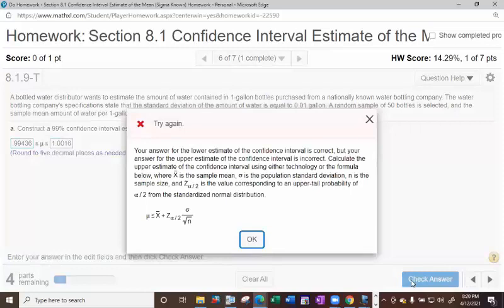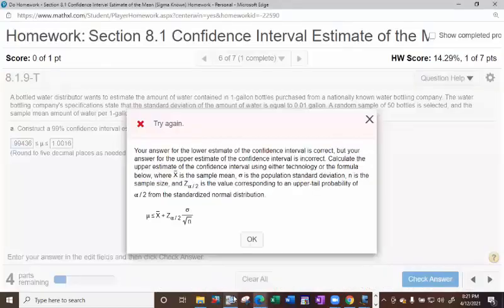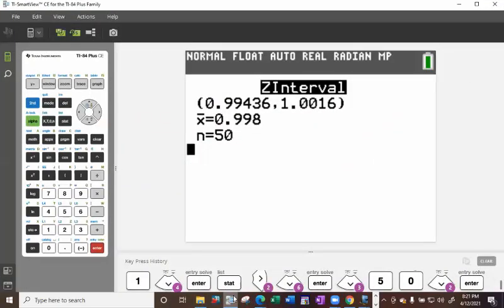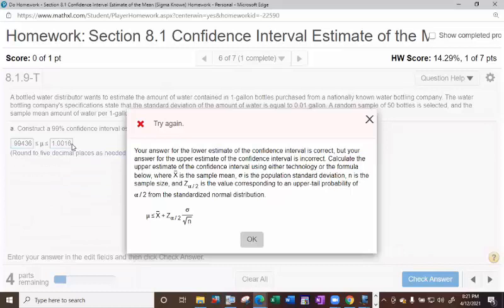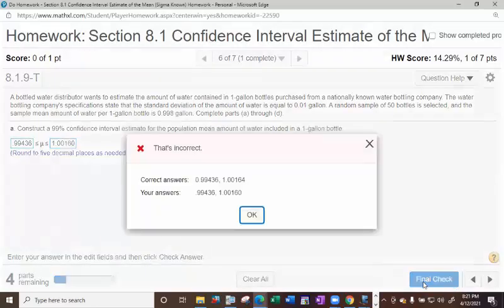Now I give up. No, I don't. Did I type it wrong? 99436, 1.0016. Yeah, you were definitely right about the end. Do I need to add a 0 to this? Oh, goodness gracious.